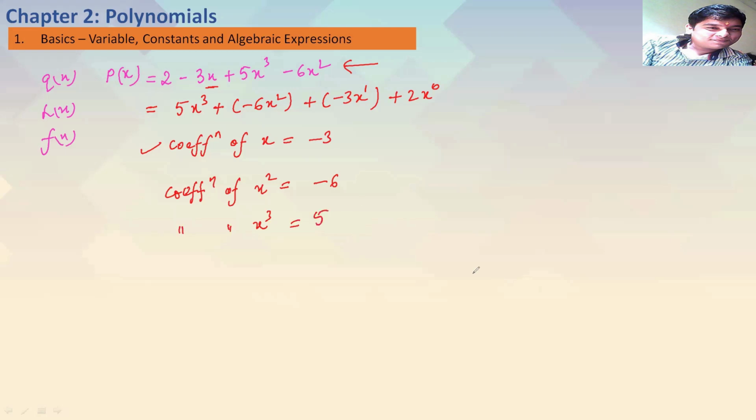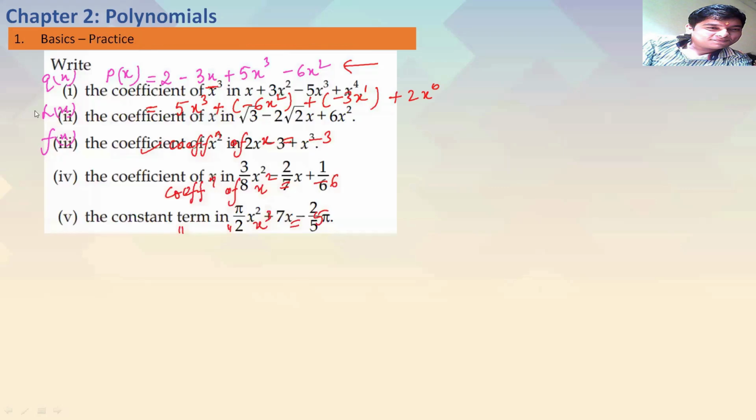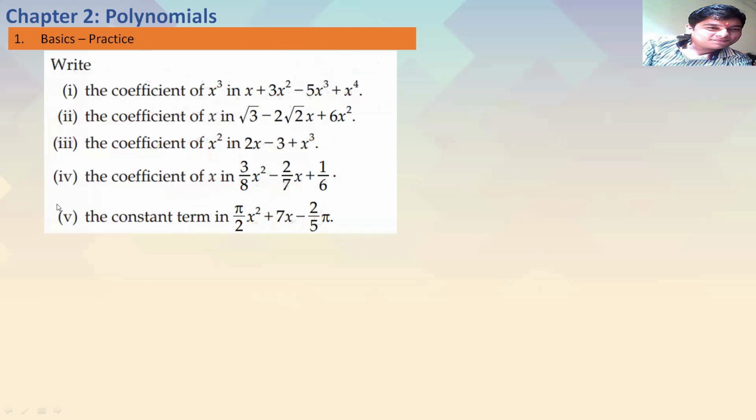You understood this. Let's do the next exercise then. Take a look at this. Write the coefficient of x cube in this polynomial. Just find out the coefficient, okay? No need to arrange or standardize it.